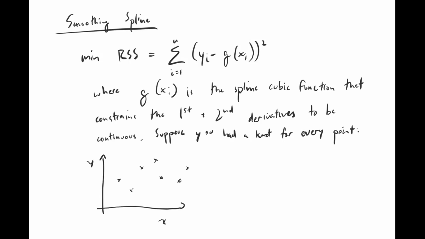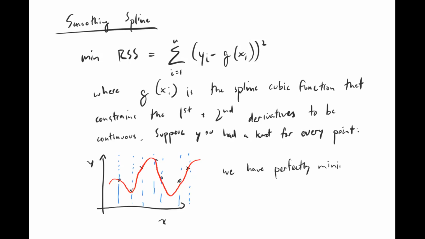We draw this dotted line to represent the fact that you've got a knot there. So you're putting a knot at every point, which ultimately lets you do something like this. And in this case, we have perfectly minimized the RSS.